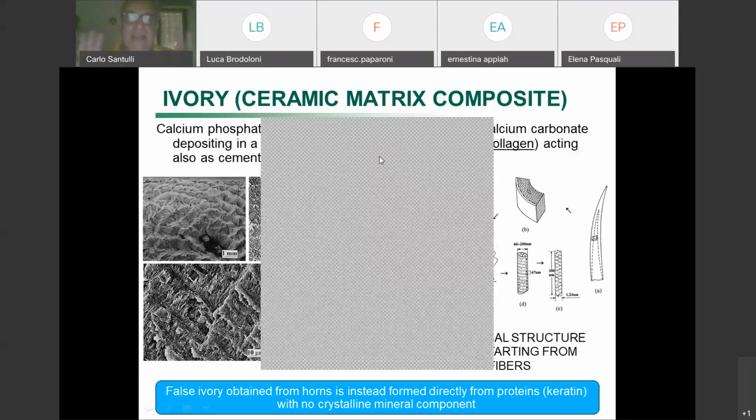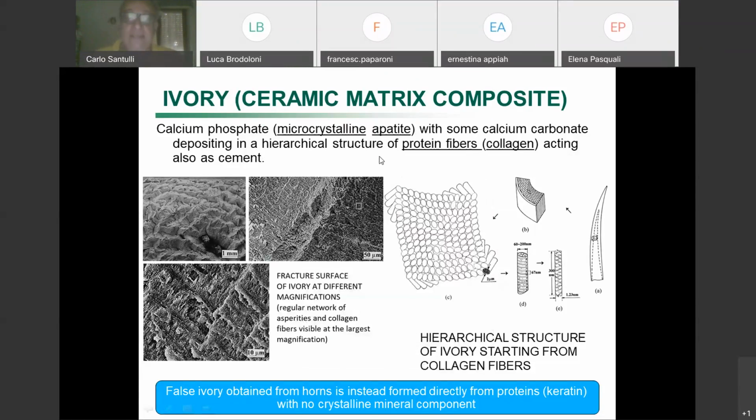So if you have a whole protein structure, protein into protein, then you have a better compatibility. In fact, it is a material which, despite being a ceramic, is not very brittle. It's quite strong, able to withstand forces, not being very brittle. We define brittle something that breaks in a sudden way. But anyway, we will build on that in the next lecture.